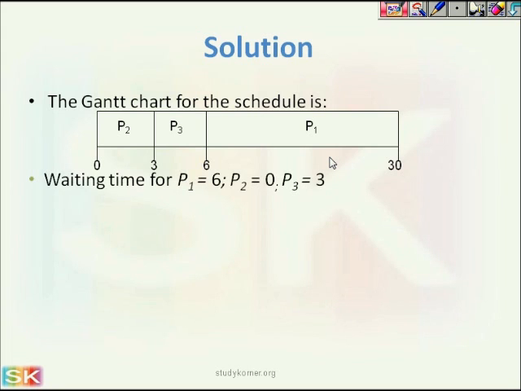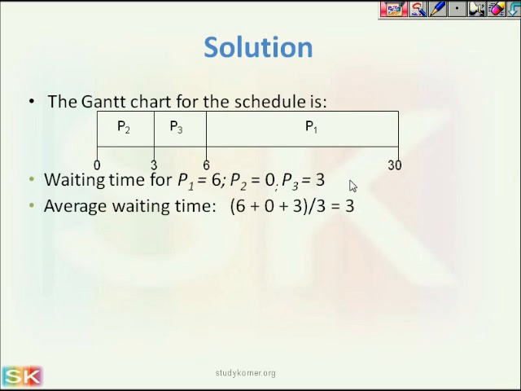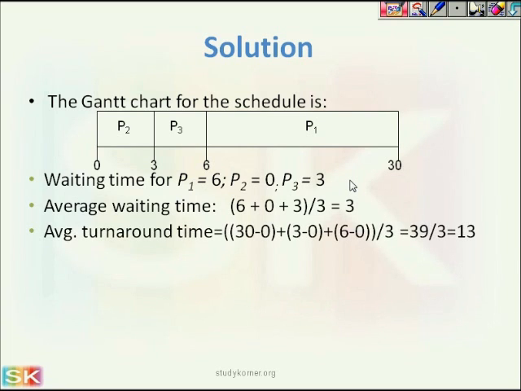So waiting time for P1 will be this time 6 seconds. For P2 it is 0. For P3 it is 3. So average waiting time will be 3. Average turnaround time. So turnaround time of P1 is 30 minus 0 because it is completed at 30 seconds and it was submitted at time 0, almost 0.